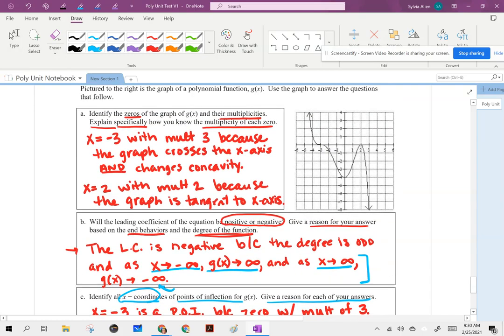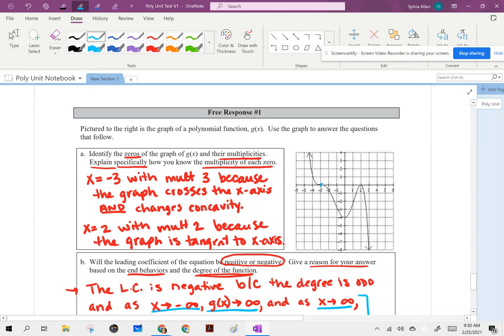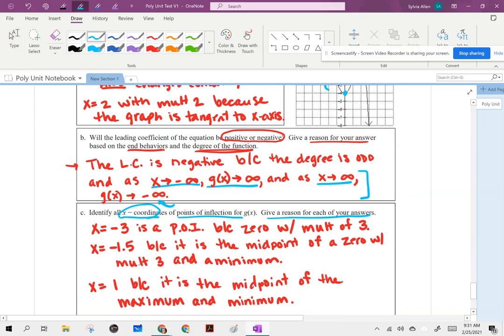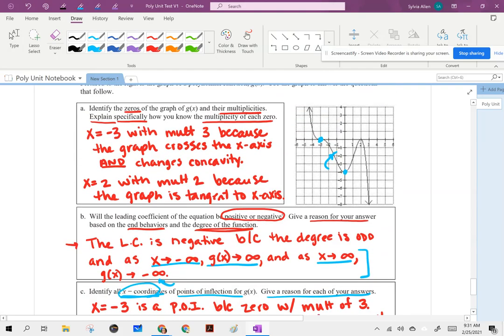The next one is, according to the conditions, if you have a zero with multiplicity of 3 and either a max or a min immediately following that, the approximate point of inflection is going to be based on the midpoint. So -1.5, because it's the midpoint of a zero with a multiplicity of 3 and a minimum, and again, only the x coordinate.